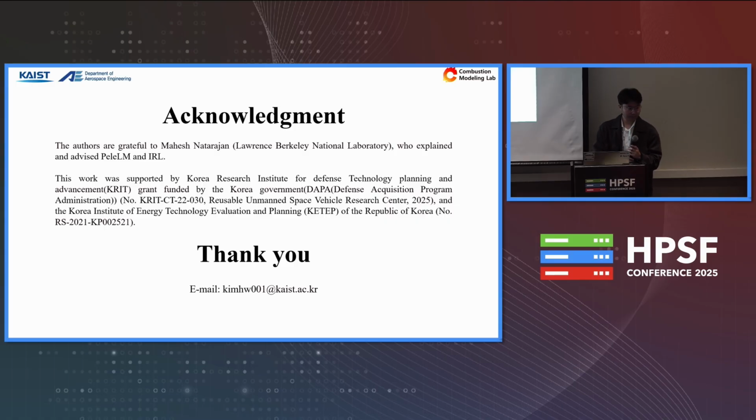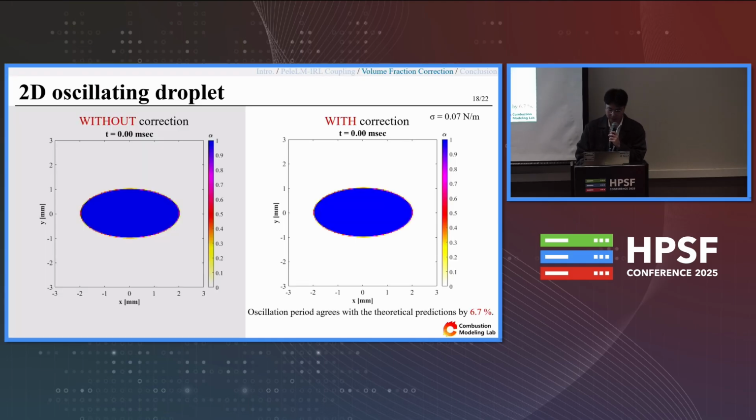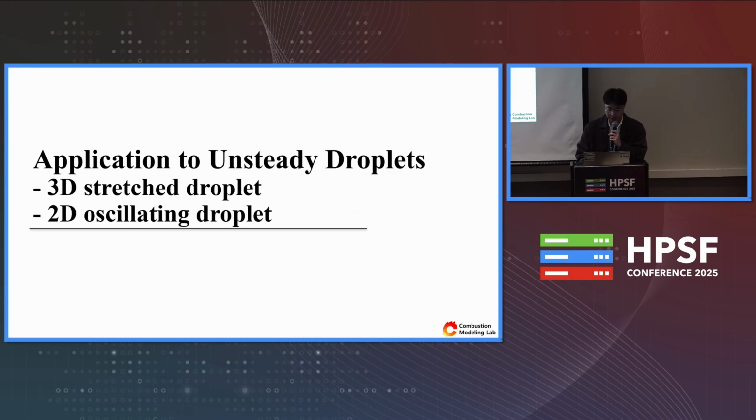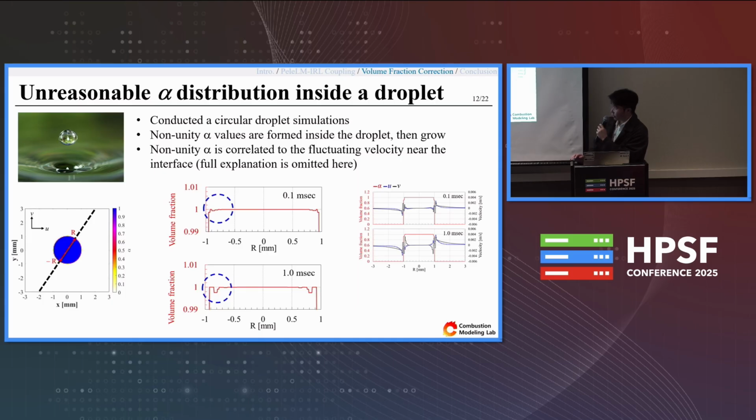In the one where the bubble got the dots in it, why did the dots form in the one that was just PeleLM? We are now thinking that it is because of the Gibbs phenomenon of the velocity at the interface.